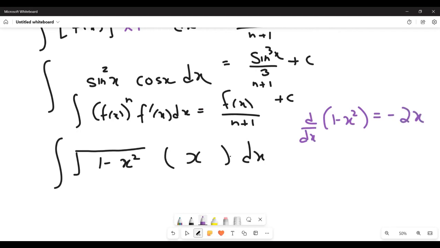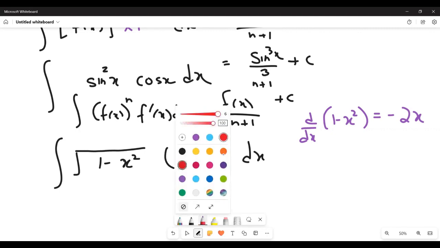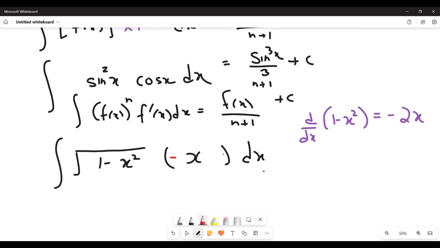So we just have x. But that's not going to be a problem because we can multiply and divide a constant on either side of the integral. So I'll write minus 2 here and 1 upon minus 2 here, or minus half outside. I've not changed the question at all. I've just multiplied with minus 2 inside and then divided with minus 2 outside.